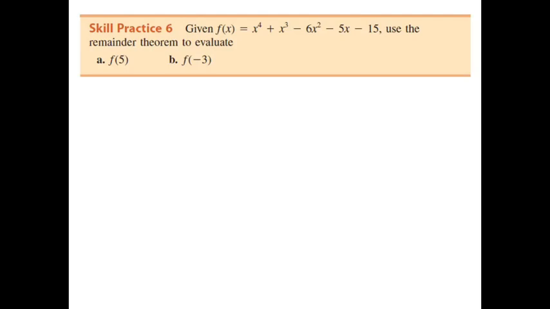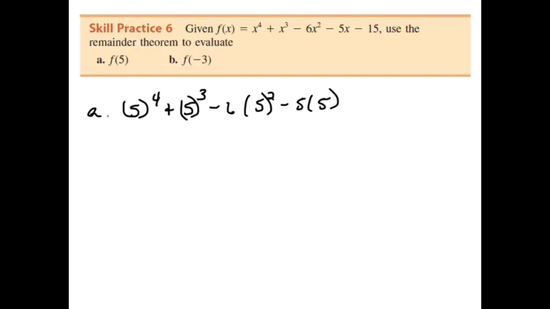So evaluate the remainder for these. I think you should be able to do that. I don't have a calculator with me, so let's see, for A, you would have 5 to the 4th power plus 5 cubed minus 6 times 5 squared minus 5 times 5 minus 15.